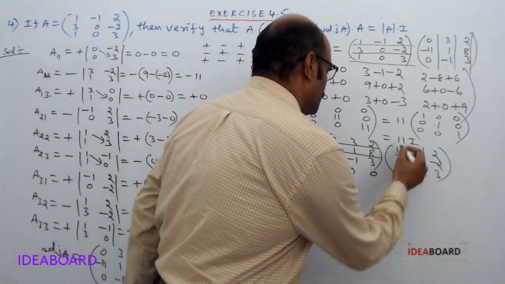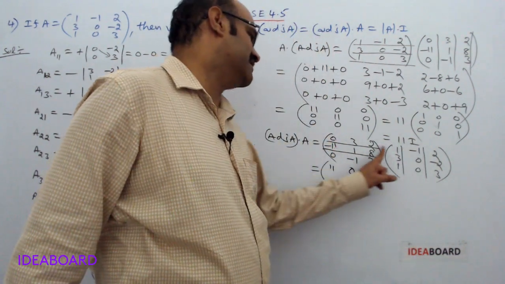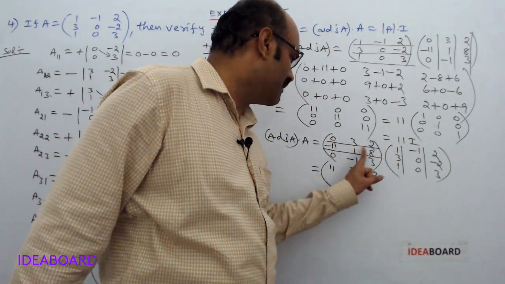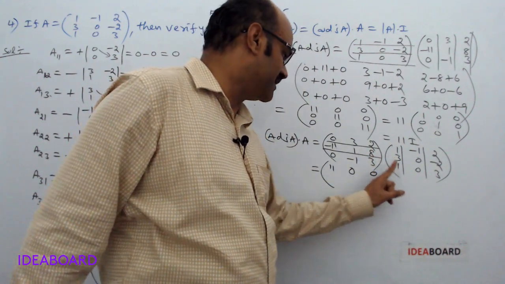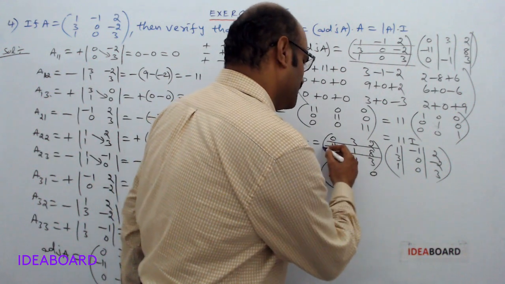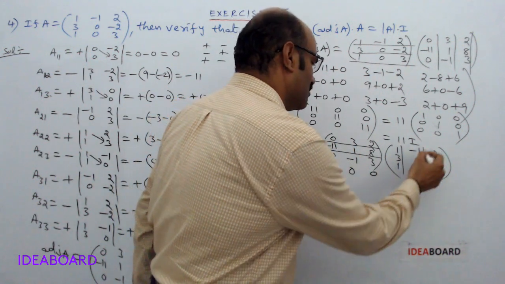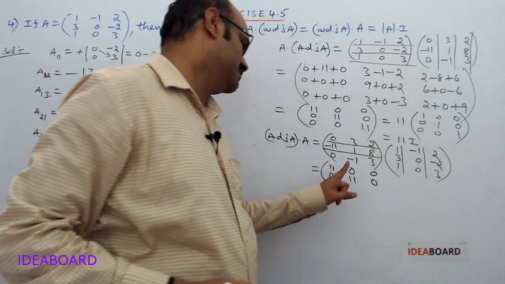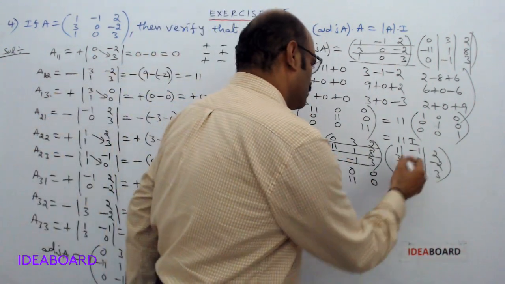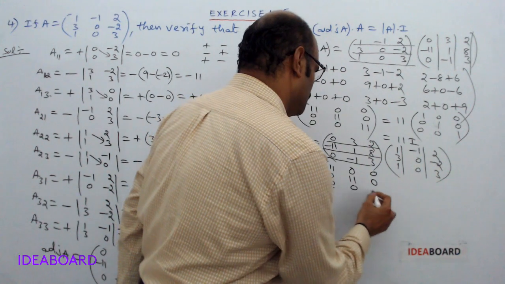Now, second row into first column, minus 11 into 1, minus 11, plus 3, plus 8, 0. Next, if you multiply second row and second column, we get 11. Next, 0. Next, third row into first column, 0, 0, 11.